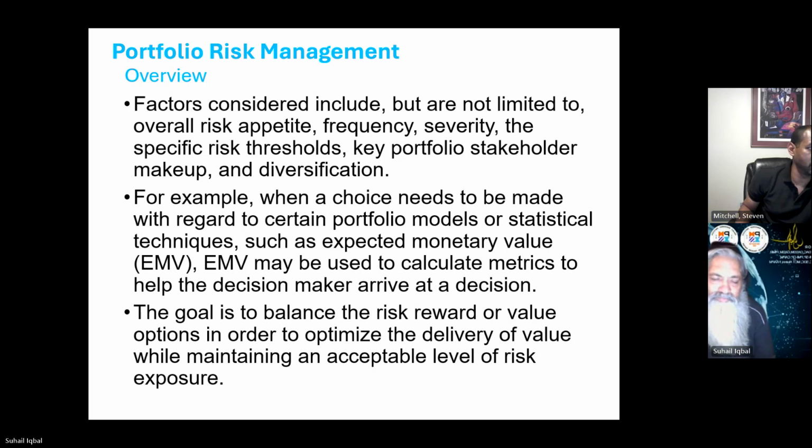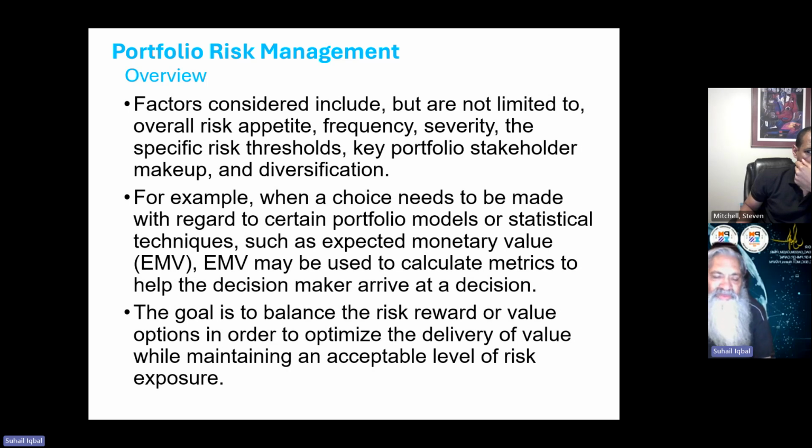EMV may be used to calculate metrics to help the decision maker arrive at a decision. So the goal is to balance the risk reward or value options in order to optimize the delivery of value while maintaining an acceptable level of risk exposure.